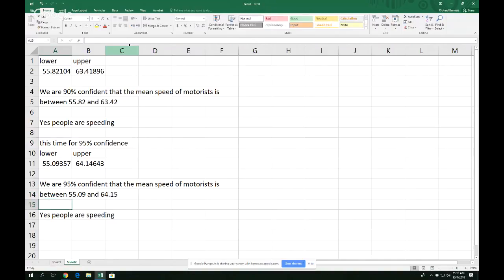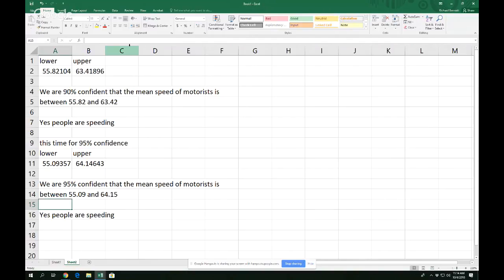Can we still say that people are speeding? Yes. But we've got the Dukes of Hazzard Sheriff now, right? You're 0.09 over the speed limit. Would you get a ticket for 0.09 over? Probably not. But technically, if you're going 55.09, you're speeding. Doesn't go into the decimals.